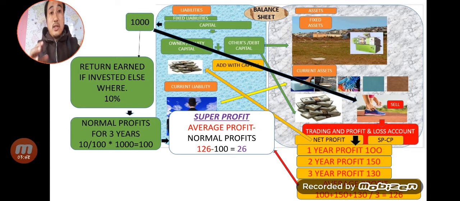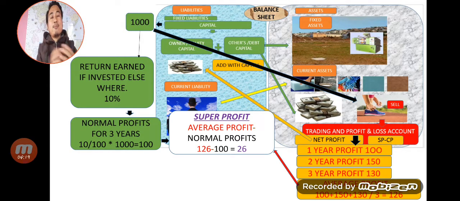That extra which this business is giving is known as super profit. In order to calculate goodwill following the super profit method, the investor will analyze 2-3 investment avenues, options or businesses before calculating the goodwill. In this case, the existing business is giving 126, whereas the other investment option is giving 100.